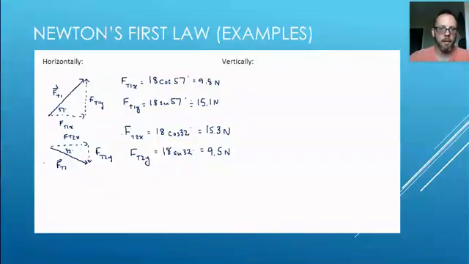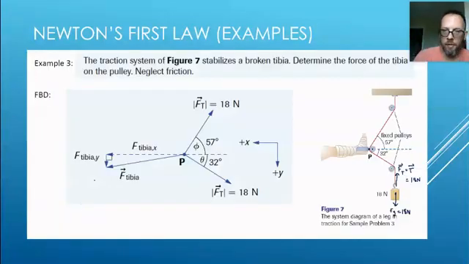So now I might say, okay, let's look at horizontally. What does F tibia x have to be equal to? Well, if this whole system is in equilibrium, then the size of that x component of the tibia force has to perfectly balance out the sum of the two x components of these tension forces on the other side.